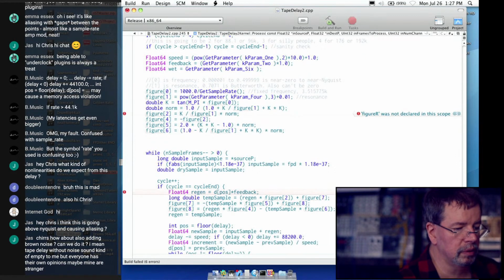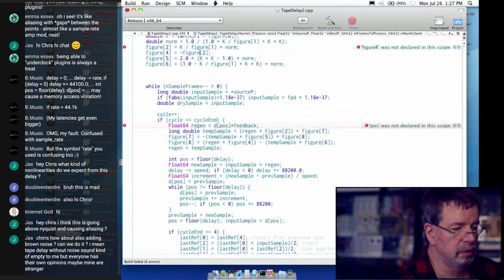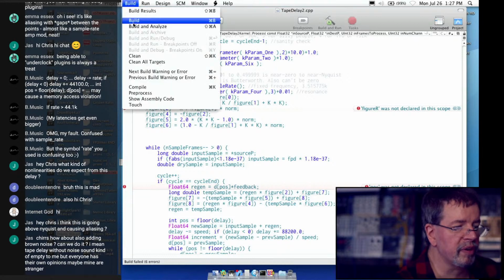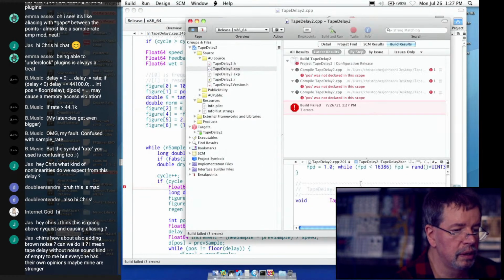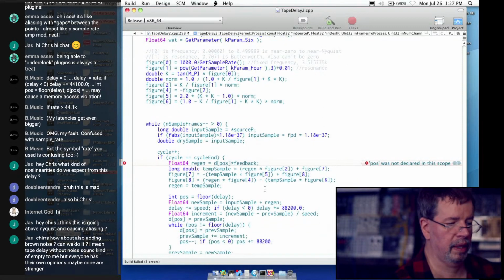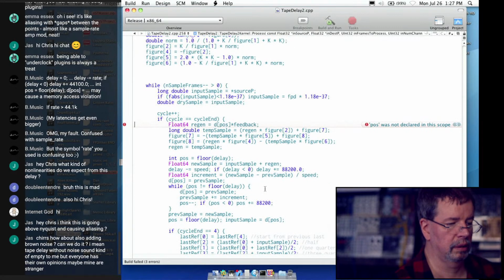So, what the flying fudge? Why is it not declared in this scope? Will that be fixed if I build again? Nope. Oh, that's from before.